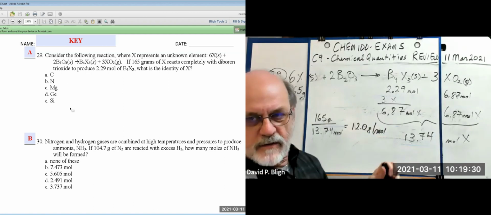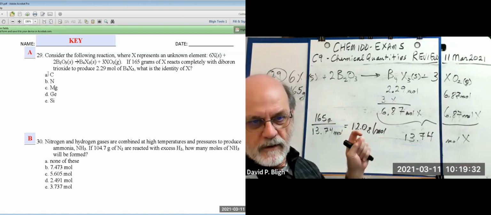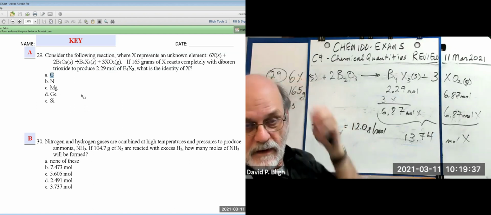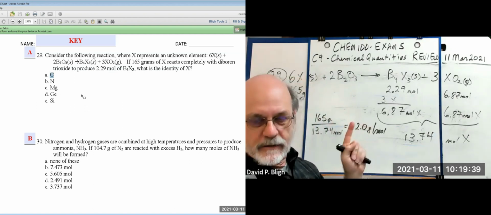So which one of these has a molar mass of 12.0? Carbon, the closest one. So X is carbon.